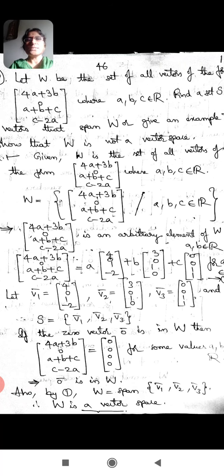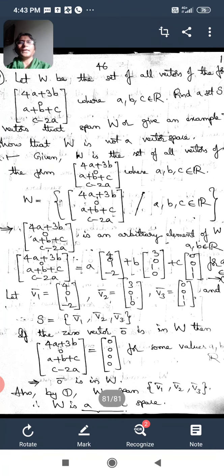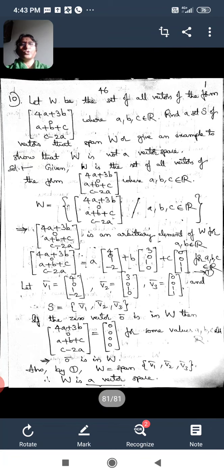But if W is not possible to write as span of some set S, then we need to give an example, that is, find a vector, to show that W is not a vector space. So this is the problem given to us to be solved.